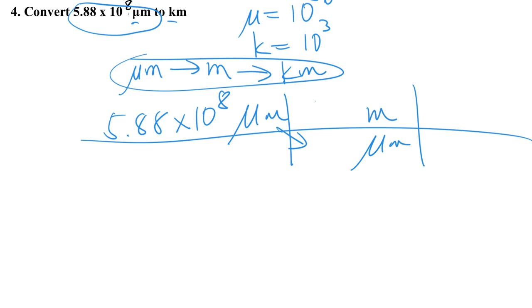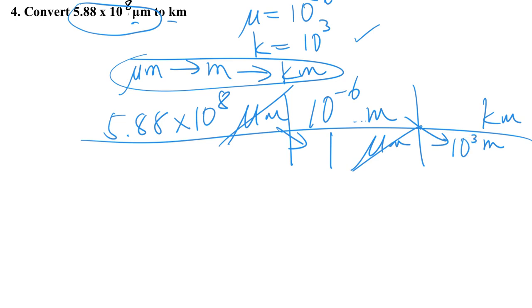Micro stands for 10 to the negative 6, so put that next to the one that doesn't have a prefix, 1 next to the micrometers. The micrometers cancel out, bring down the meters, and we're going to kilometers. Kilo stands for 1,000, so put the 1,000 or 10 to the 3 next to the one that doesn't have a prefix.